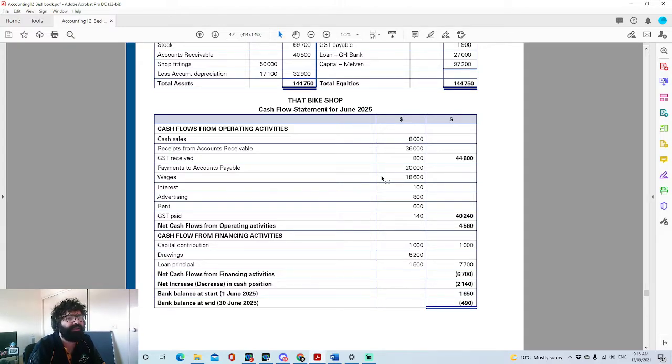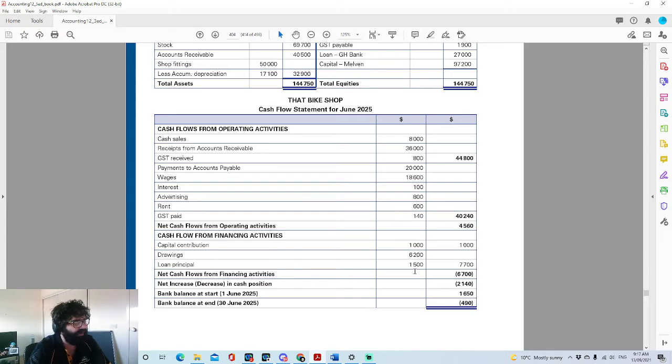The reason I'm talking about the income statement is because there are three reports: the income statement, the cash flow statement, and the balance sheet. We've already been given the cash flow statement, so it's logical we're probably going to be doing the income statement. Now we have our financing flows: capital contribution, drawings, and loan principal. You can see we paid $1,500 for the month.